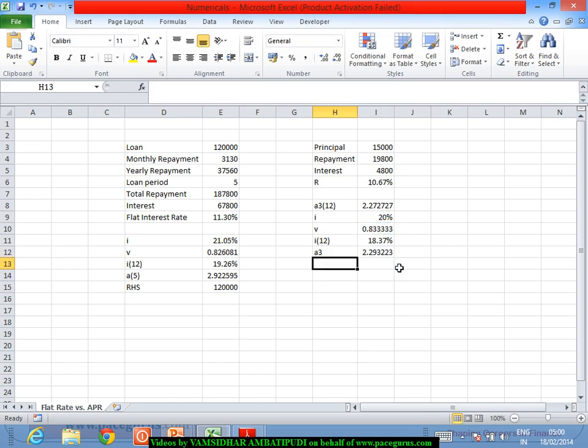So all these things put together, this A3 is coming out to 2.29, whereas I should get 2.27.